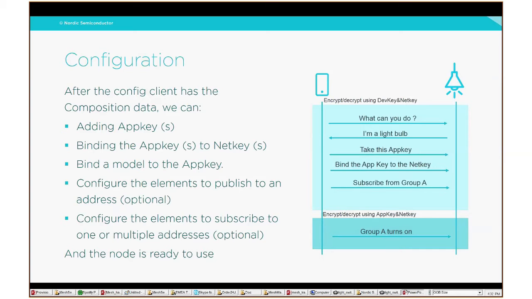Then, optionally, we configure the publication address or subscription address of the model. After that, the node is ready to use. You can start sending a packet saying group A turn on, and if the node is subscribed to group A address, it will process that command and turn on.